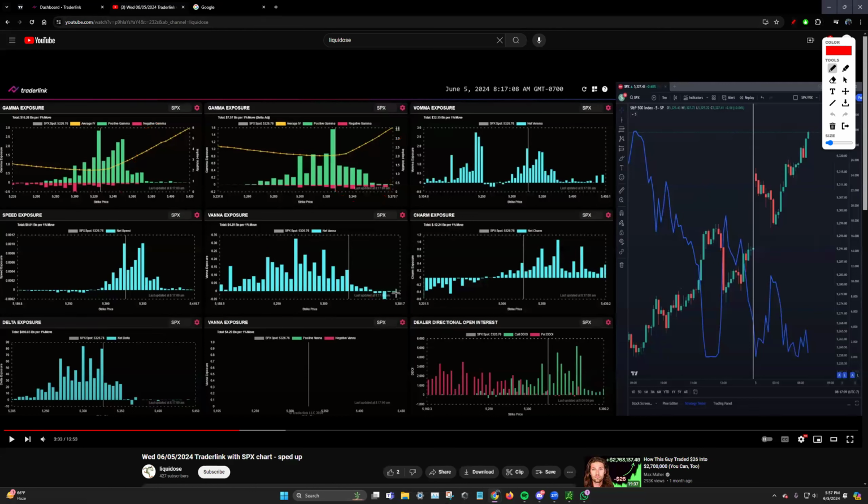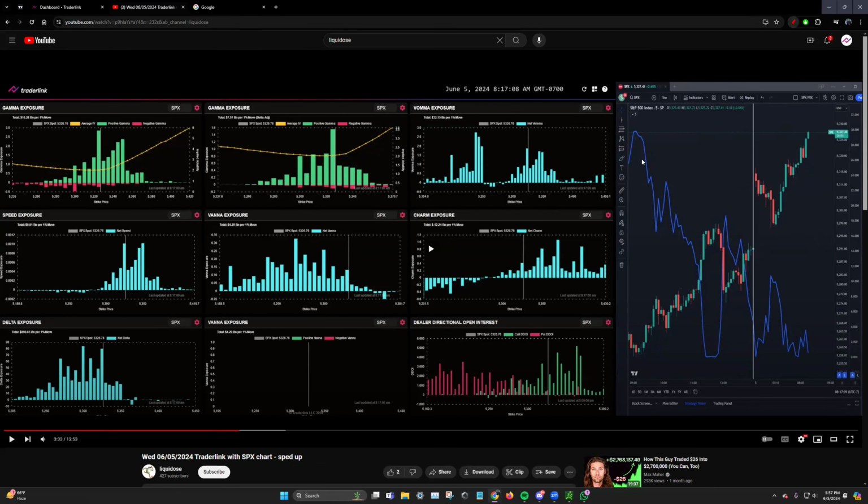Let me gather myself. Sorry, Vanna flip. Here we go. This is what it looks like if there is no pickup ahead, right? Since we got above 50, there's no pickup.